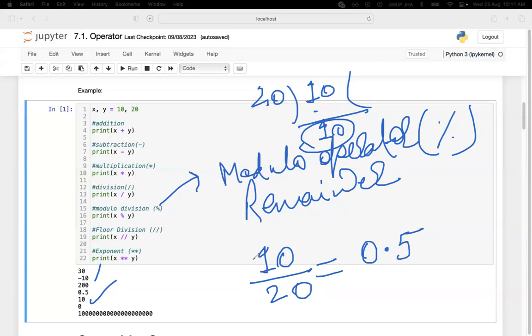Mr. Sankar, do you understand what is floor division? Will you guys please explain what is floor division? Or shall I explain to you?